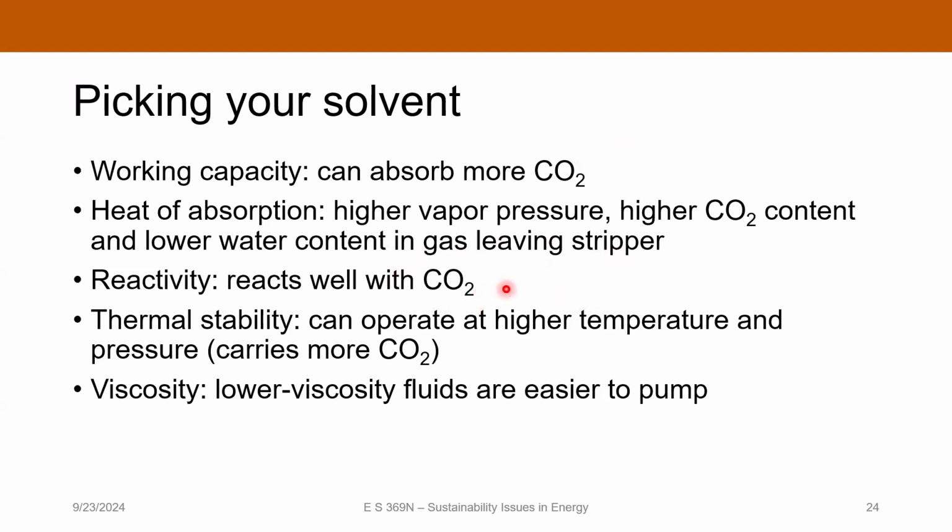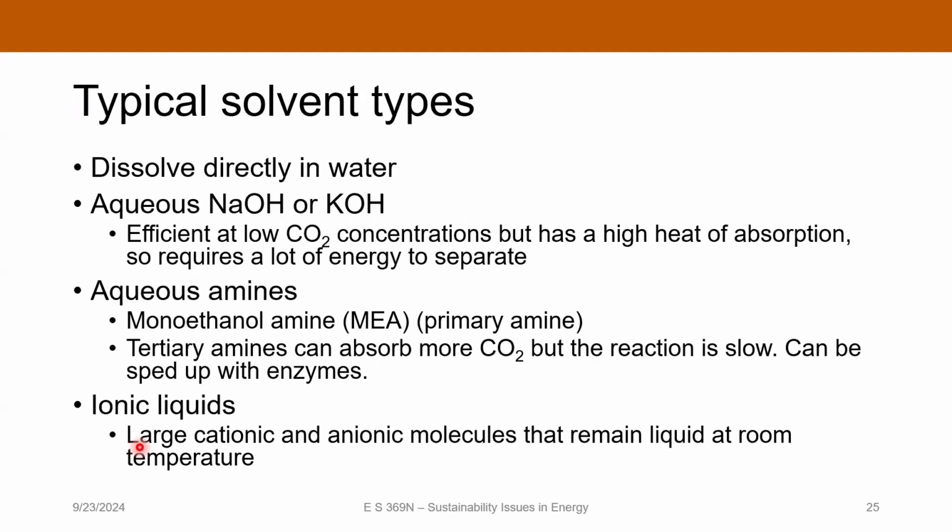We want it to react well with the CO2 so it absorbs more easily. We want it to operate at a higher temperature so it can carry more CO2 within it. And also we want it to have a low viscosity because that makes it easier to pump because you have lower frictional losses.